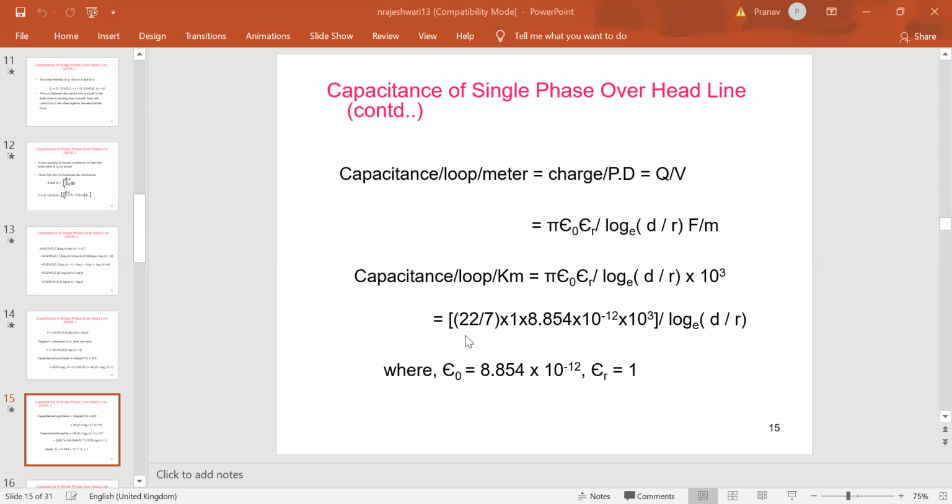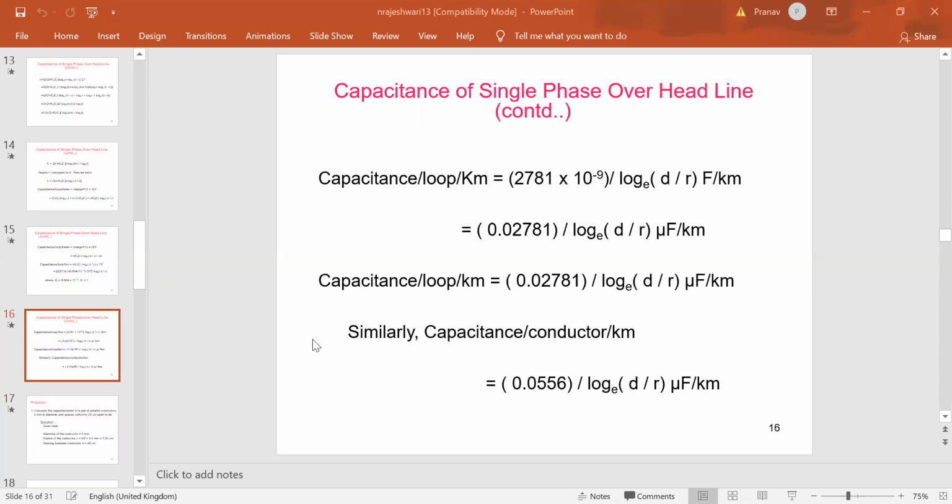So pi is 22 by 7, epsilon R is 1, and epsilon naught is 8.854 into 10 to the power of minus 12, into 10 to the power of 3 by log of D by R. By substituting these values and simplifying, we get the capacitance per loop per kilometer as 2781 into 10 to the power of minus 9 by log of D by R farads per kilometer.